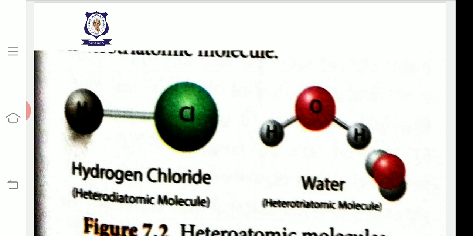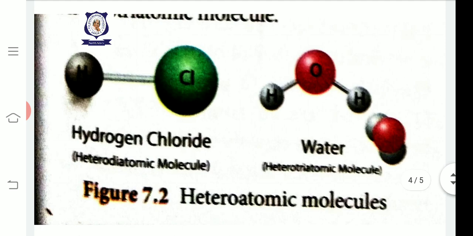The number of atoms present is 3, so it is called a heterotriatomic molecule. There are 3 atoms of different elements, 2 hydrogen and 1 oxygen. 3 atoms we call tri, different elements, so hetero. So heterotriatomic molecule.